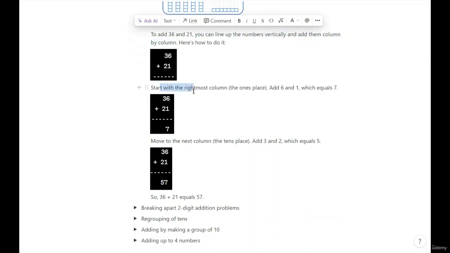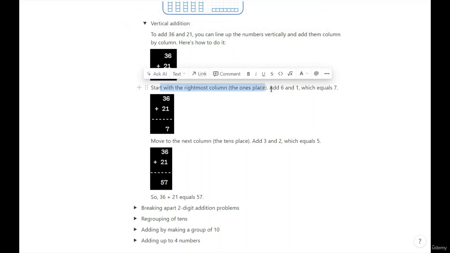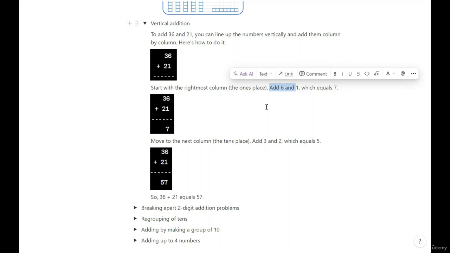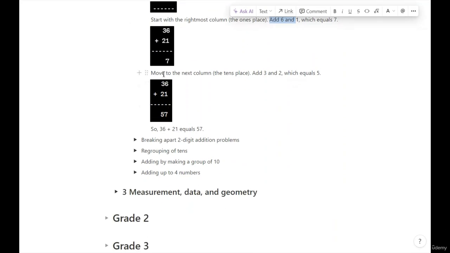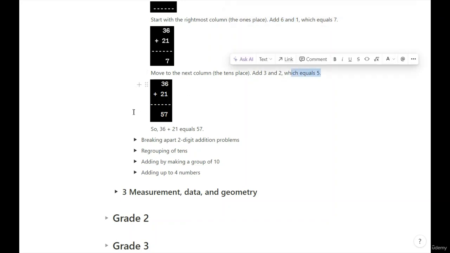Start with the rightmost column, that is the ones place. Add 6 and 1 here, which equals 7. Then move to the next column, that is the tens place here. Add 3 and 2, which equals 5.